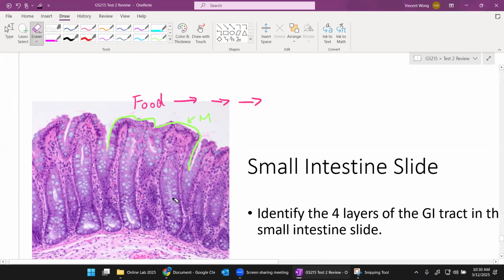The submucosa, again, it's a little bit harder to see, but it's right here. That's the submucosa coming in.